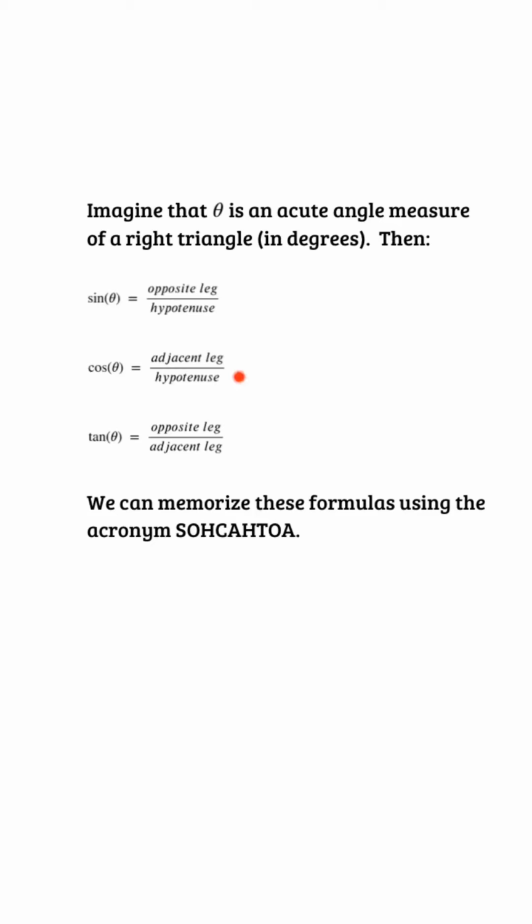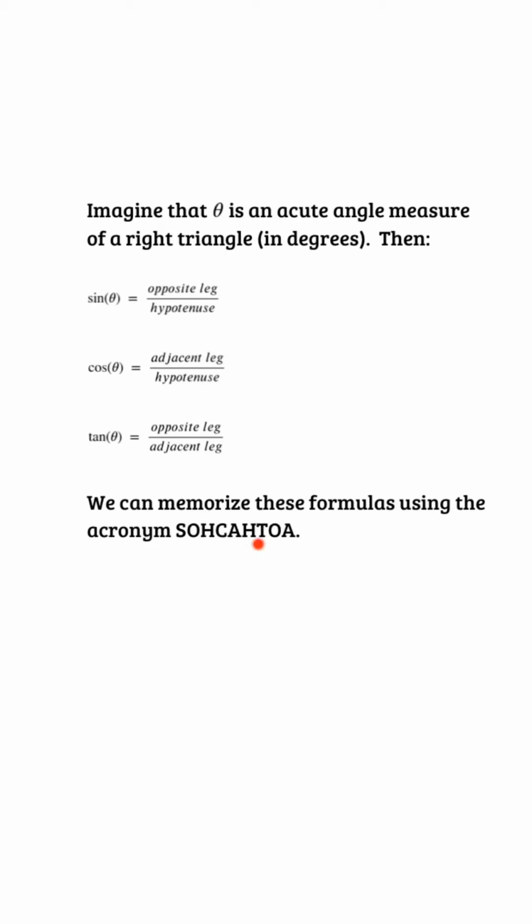Now, the three formulas that I'm about to go over, you can memorize using the acronym SOHCAHTOA. The SO part stands for the sine of an acute angle is equal to the opposite leg with respect to that angle over the hypotenuse.